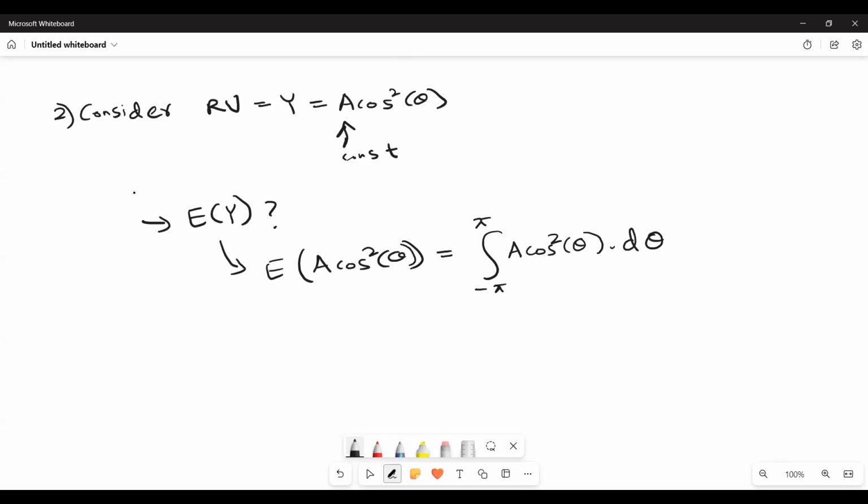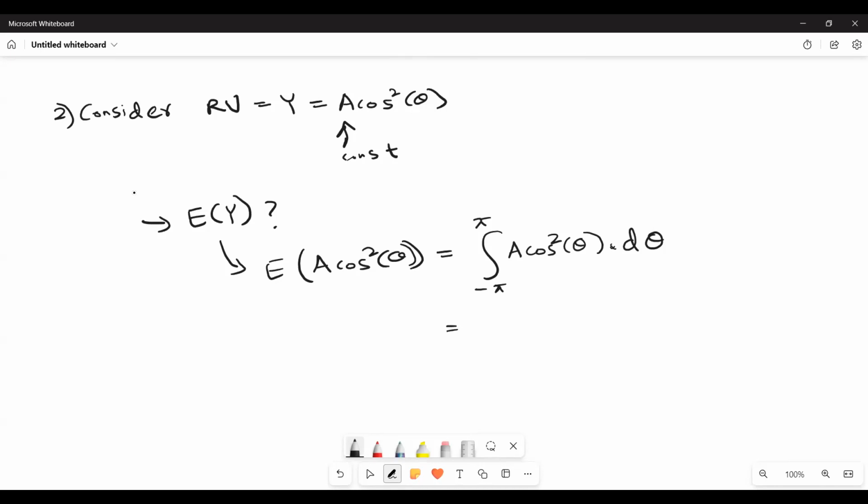Since I know the range of theta, I can directly take the integration of the function y, which is directly related to theta, and take the average over the range of theta. By solving this, I can find the average value of y.